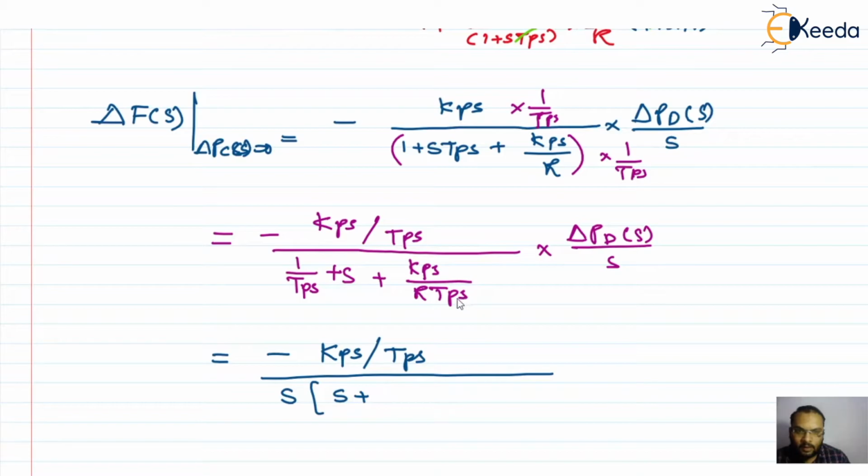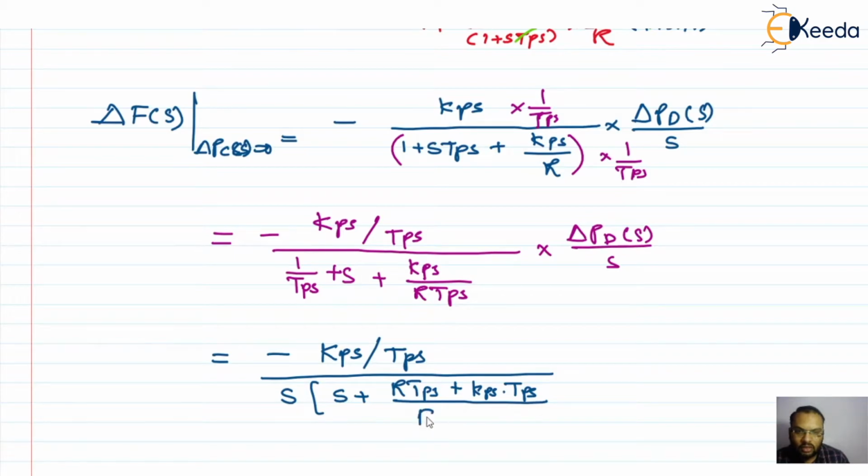Okay, so if I add these two terms, you just see how I'm adding, cross multiply this. So here you will get R·Tp(s), and cross multiply this, Kps·Tp(s), divided by the multiplication of these two.